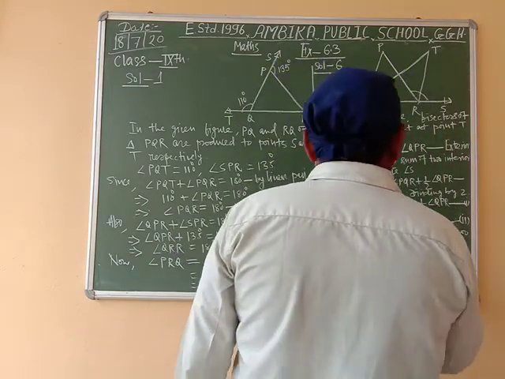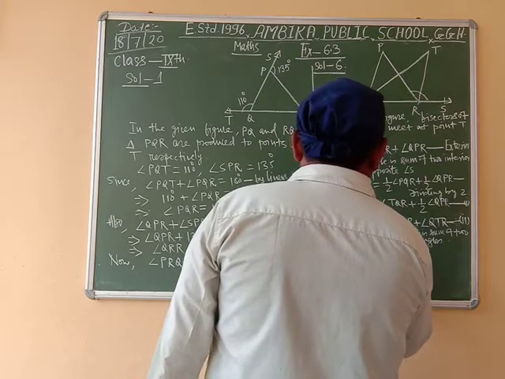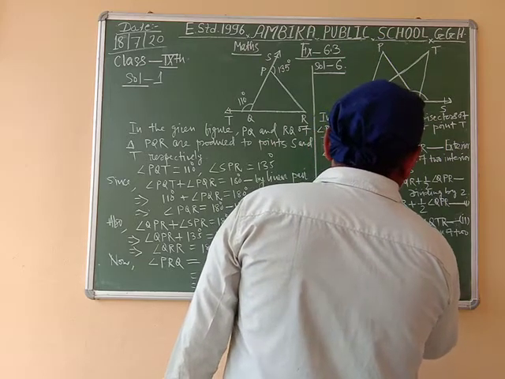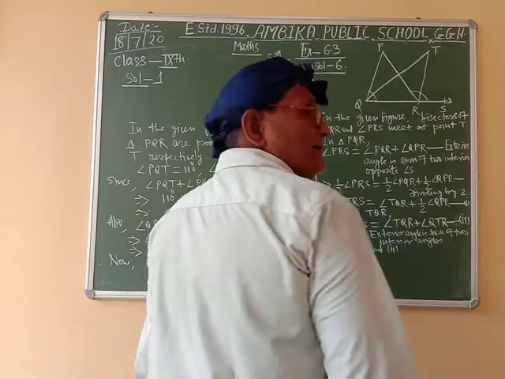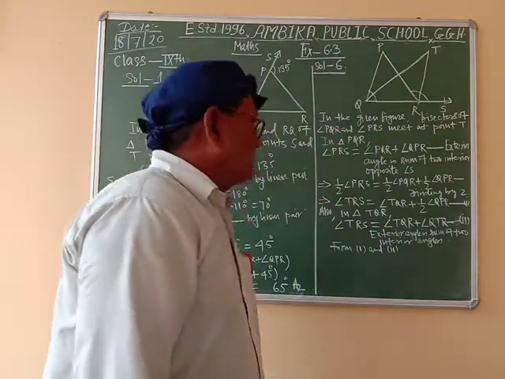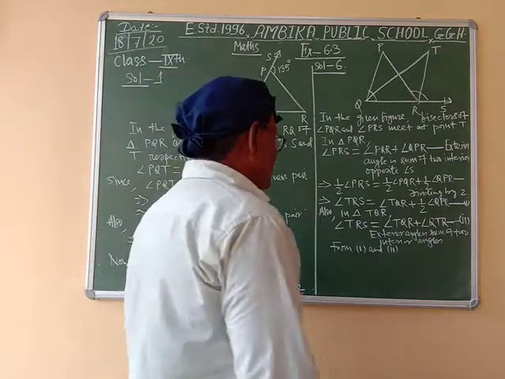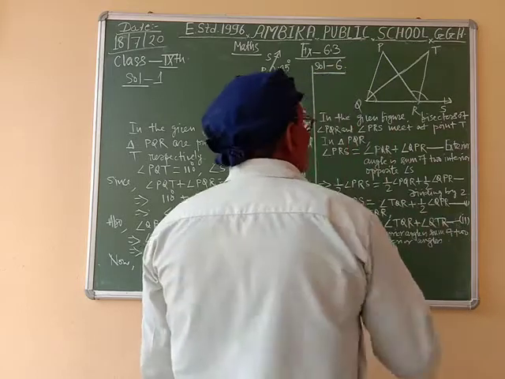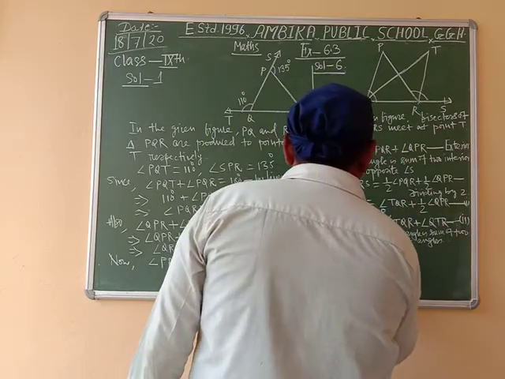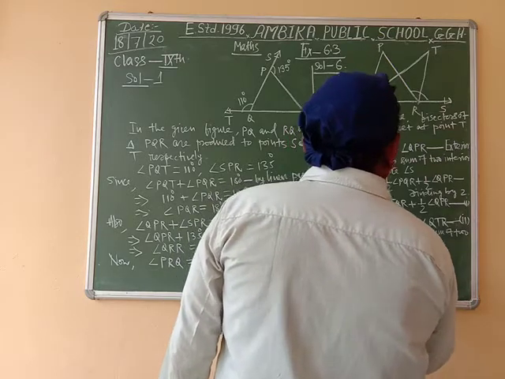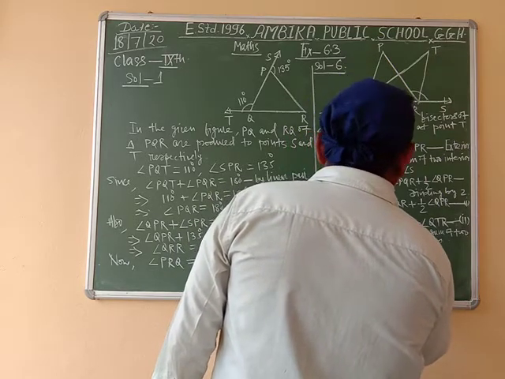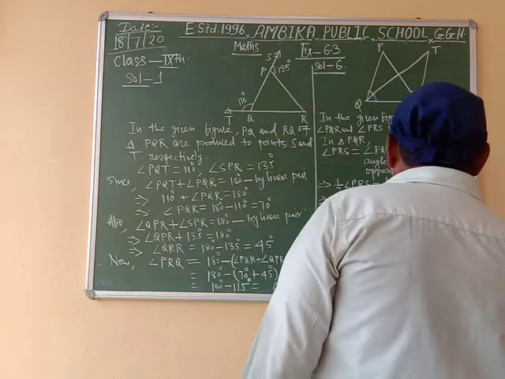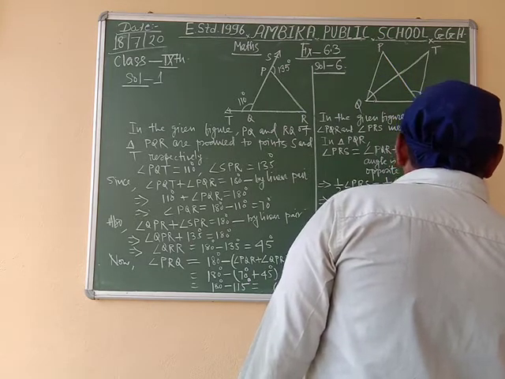From 1 and 2, angle TRS is equal to angle TQR plus 1/2 angle QPR, and angle TRS is equal to angle TQR plus angle QTR. So angle TQR plus 1/2 angle QPR is equal to angle TQR plus angle QTR.